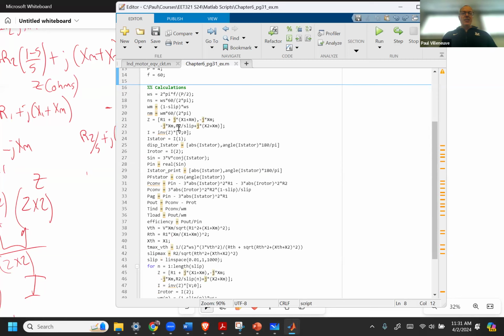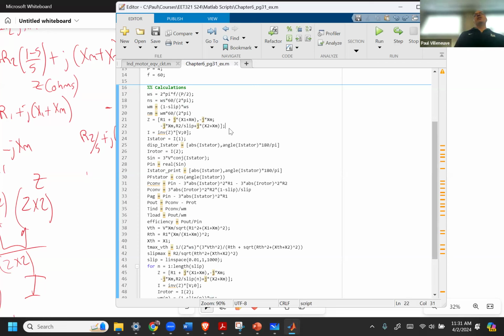Then I went ahead and started calculating. I calculated my synchronous speed, not only in radians per second, but in RPM. Then I calculated omega sub m, which is the mechanical speed in radians per second, and also did that conversion to RPM. Then I calculated this Z matrix over here. What is this Z matrix?